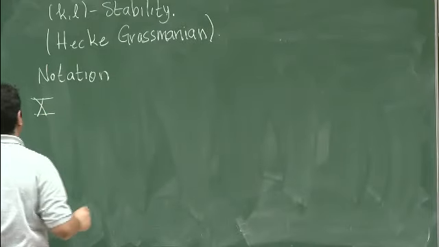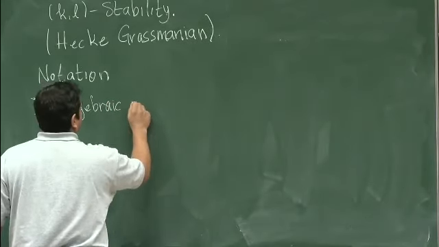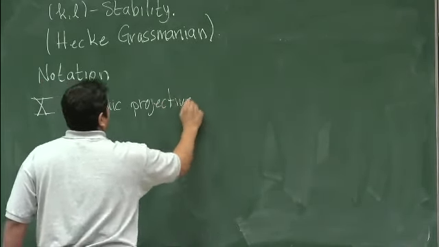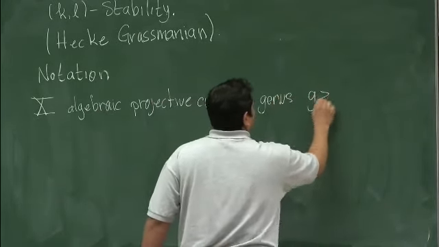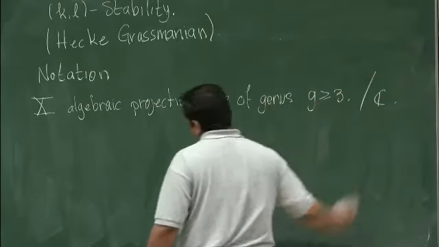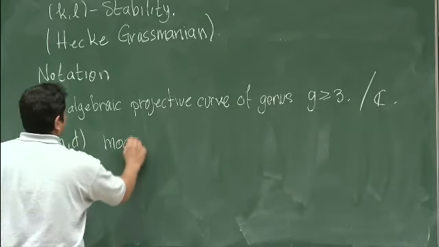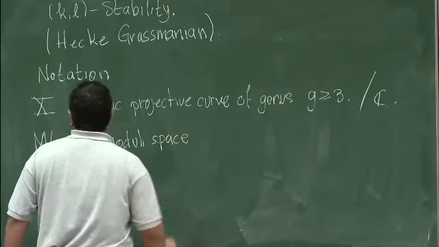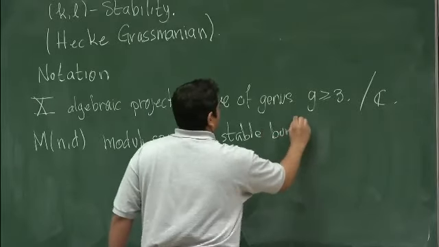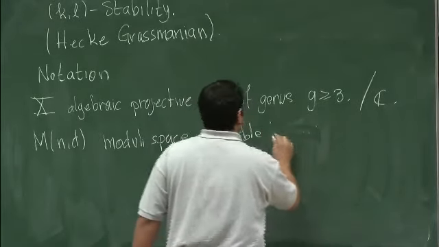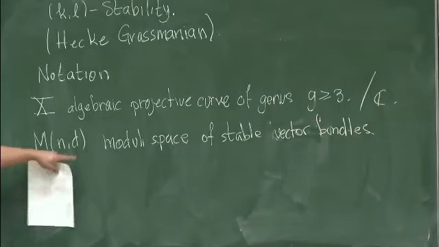In this case, X always is an algebraic and projective curve of genus g at least 3 over C. And I will denote by M(n,d) the moduli space of stable vector bundles with rank n and degree d.